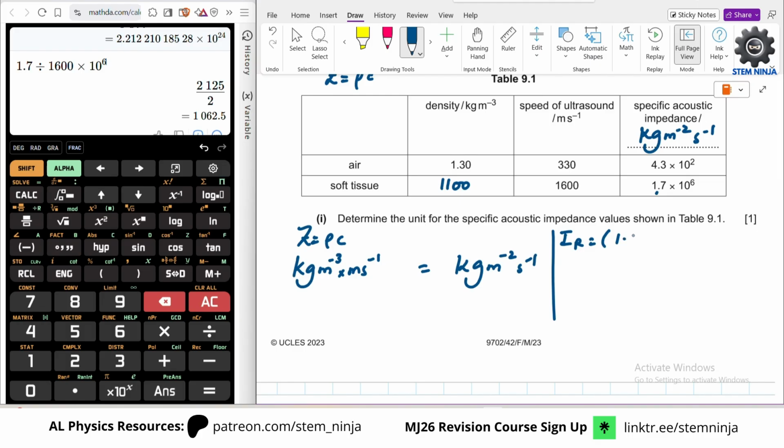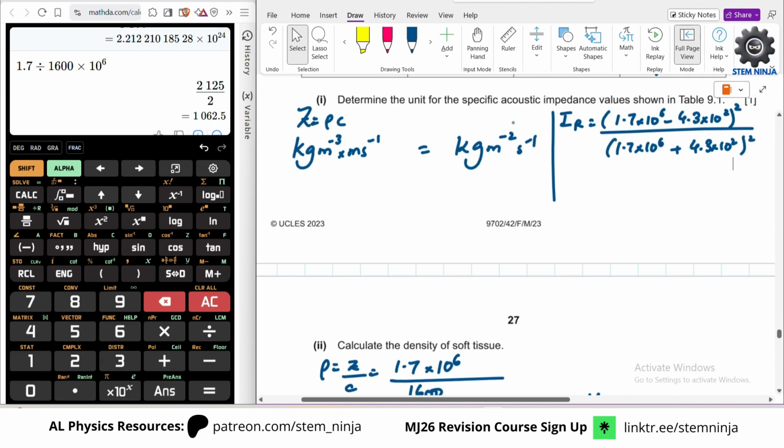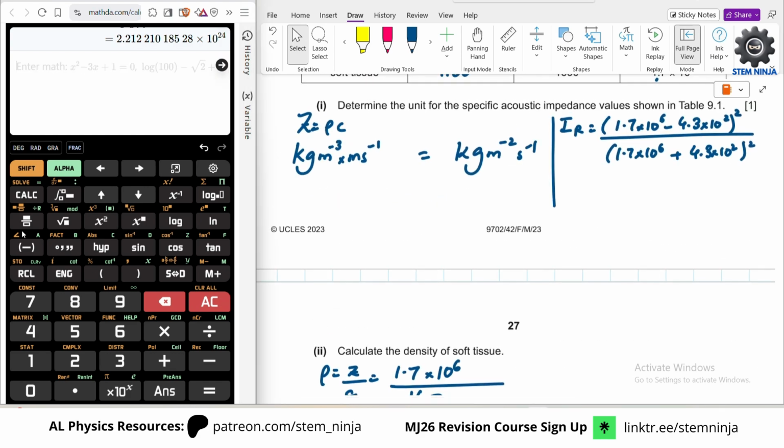So (1.7 × 10^6 − 4.3 × 10^2) whole squared, and (1.7 × 10^6 + 4.3 × 10^2) whole squared. So we actually need to use this answer.